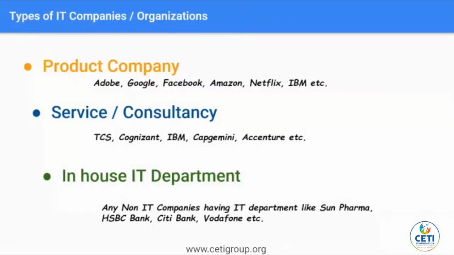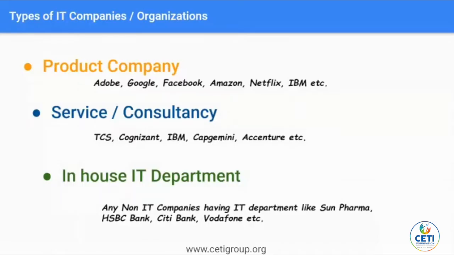So they have to rope in services or consultancy, or sometimes the product company as well, like if they are using Google Analytics, or want to integrate with Facebook. At times they can reach out to Facebook or Google for support. So this is how an in-house IT department works.